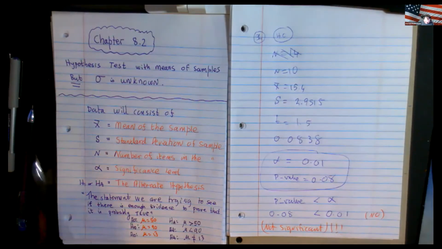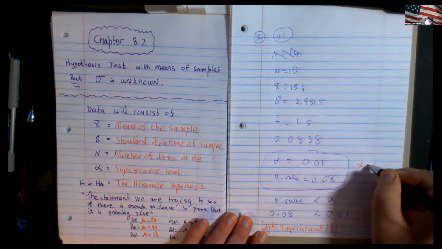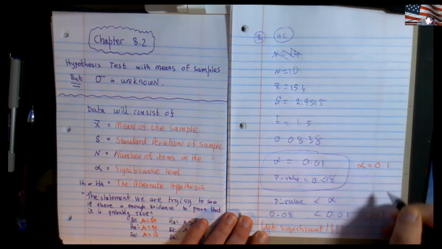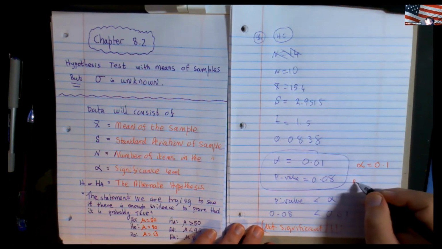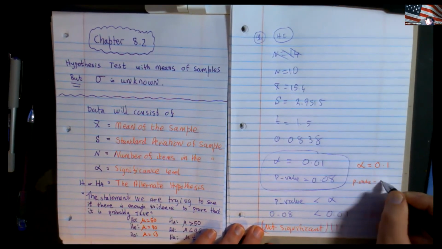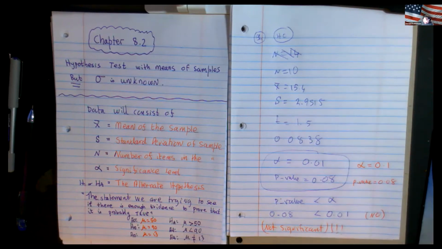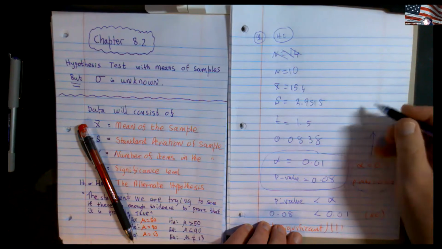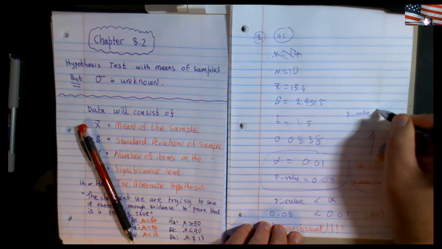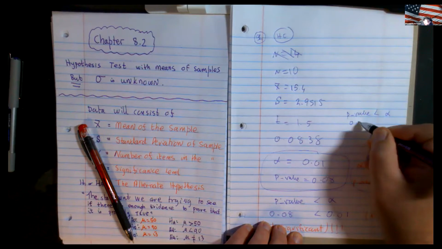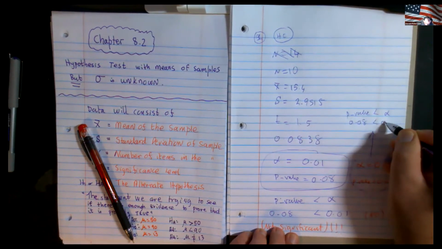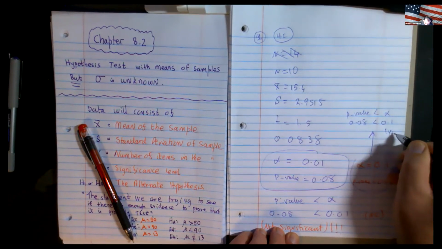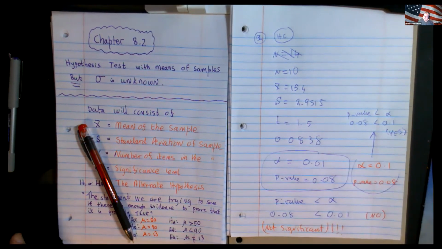I'm going to go back to this question and change the rules a little bit. Suppose we had given you a 0.1 significance level and the p-value ended up being, as it should, the same number. In this world, isn't the p-value less than alpha, 0.08 less than 0.1? Isn't that a yes?